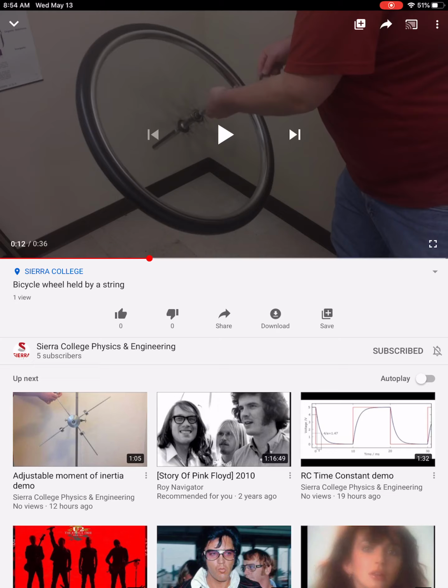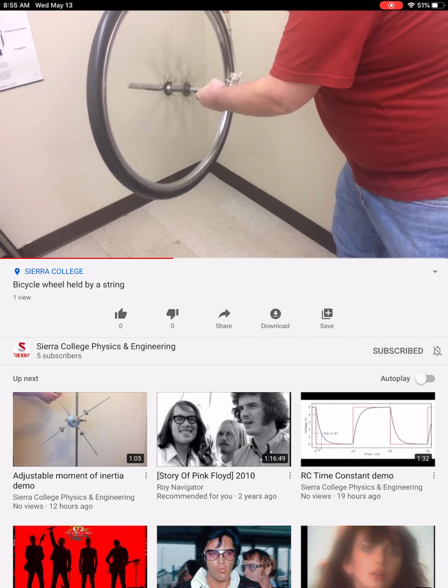Well, it's spinning in such a way that the angular momentum vector is pointing at the floor. And if you think about the torque from gravity acting on this, that will be pointing out of the page at you right now, causing a precession coming towards you. So think about the direction of the net torque. That's the direction of the change in the angular momentum direction.